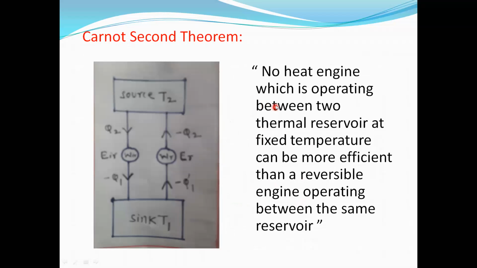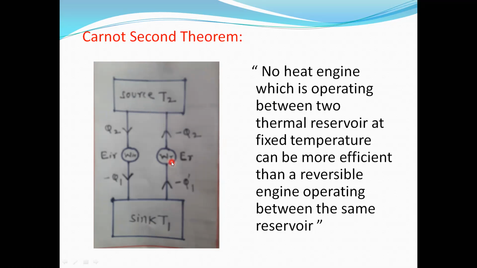This is the statement of Carnot's second theorem: no heat engine operating between two thermal reservoirs at fixed temperature can be more efficient than a reversible engine operating between the same reservoirs. You see in the diagram, this is the source T2, this is the sink T1.